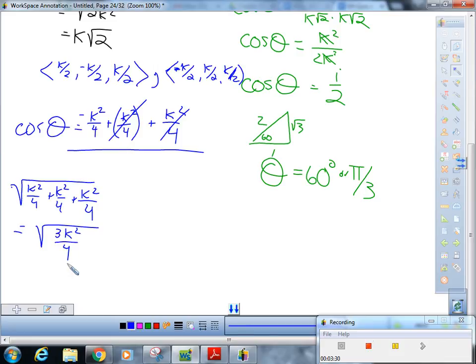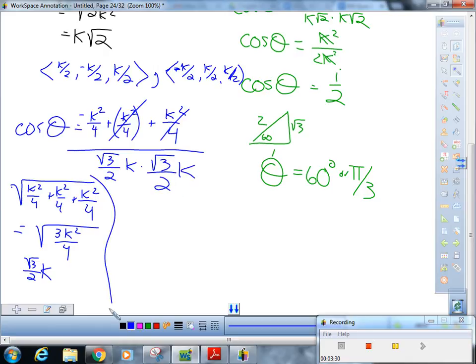So that is radical 3 over 2 times k, the magnitude of each of those. So then on the bottom we'll have radical 3 over 2k times radical 3 over 2k.